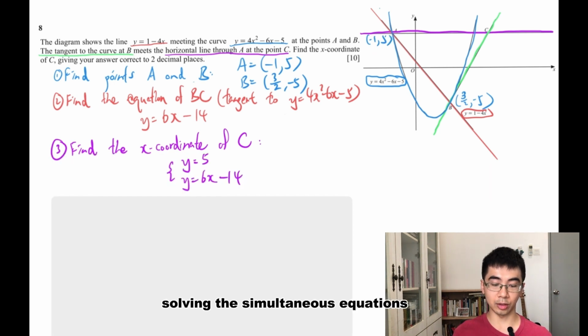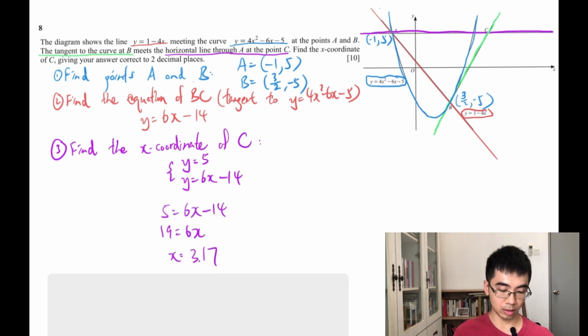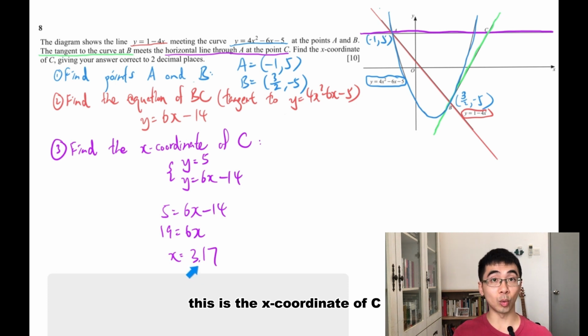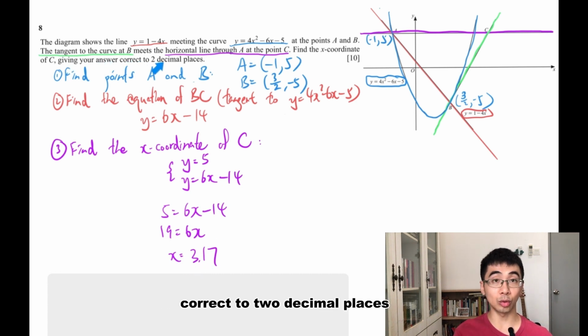Solving simultaneous equations, we can have the value of x. This is the x-coordinate of C, whereas the y-coordinate of C should be 5. Remember here, we need to give our answer correct to 2 decimal places. So the final answer should be 3.17. And that's for question 8.